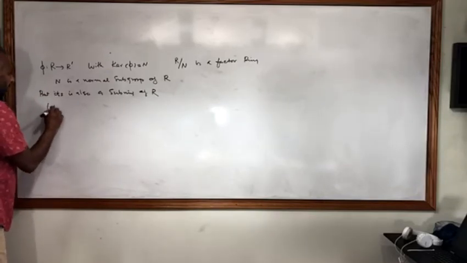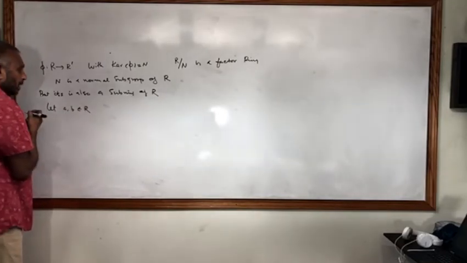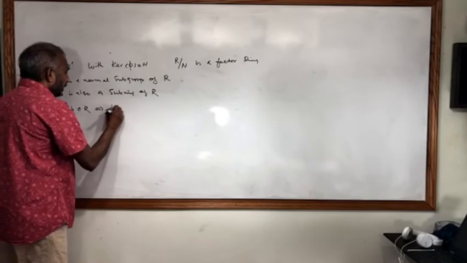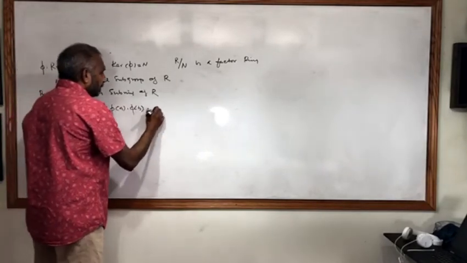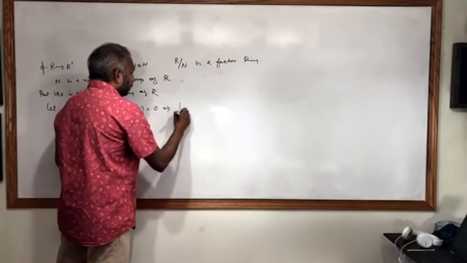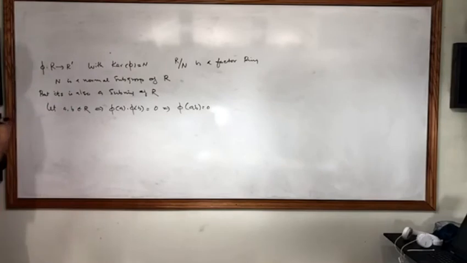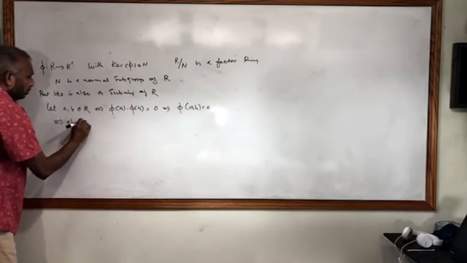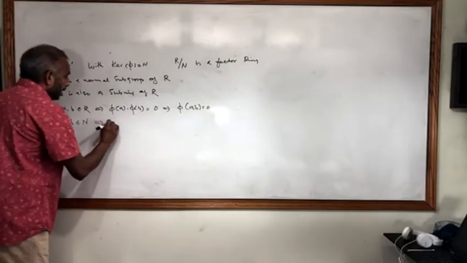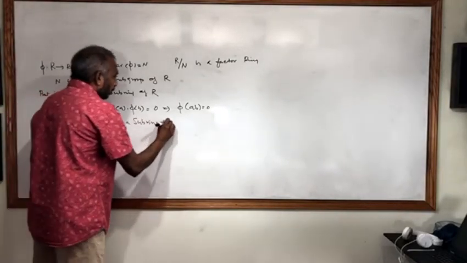So let a, b belong to N, and that implies phi of a times phi of b is equal to 0, and that implies phi of ab is equal to 0, and that implies ab belongs to N, and that implies N is a subring of R.